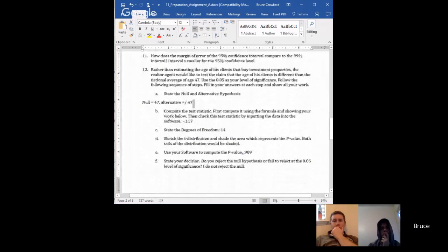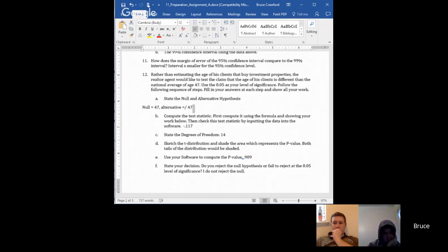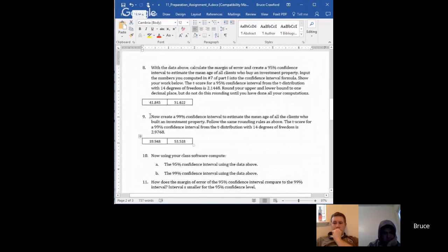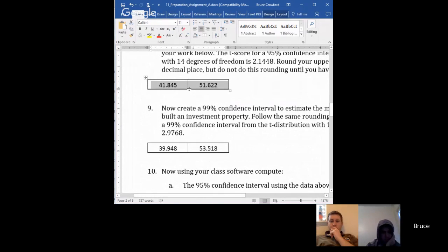Okay, number 10 were the same answers. Yeah. That's 9. Number 11, how does the margin of error of the 95% confidence interval compare to the 99% interval? And I said the 95% interval was smaller. How did you determine that? Well, this is the one that doesn't make any sense, but if you just look at the confidence intervals, the one we got with the 95% confidence level is smaller.